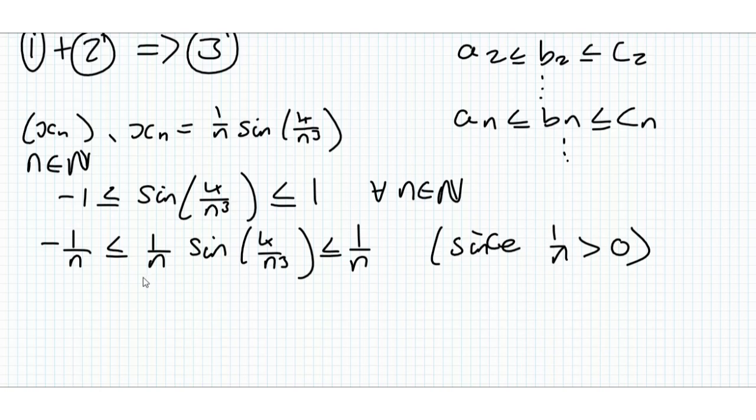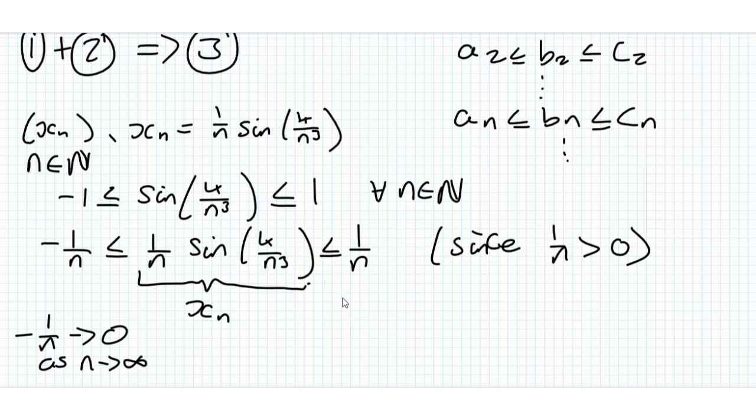So now notice that this is our xn. This is what we've been trying to get in the middle of this sandwich or squeeze, and minus 1 over n tends to 0 as n tends to infinity, and 1 over n tends to 0 as n tends to infinity.